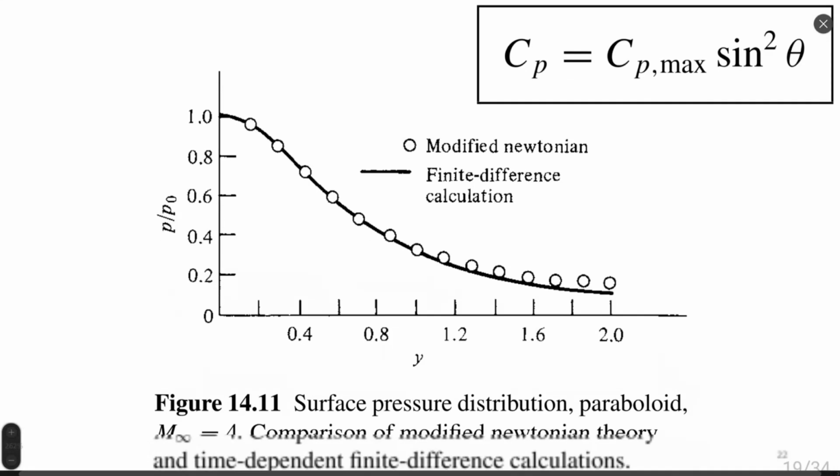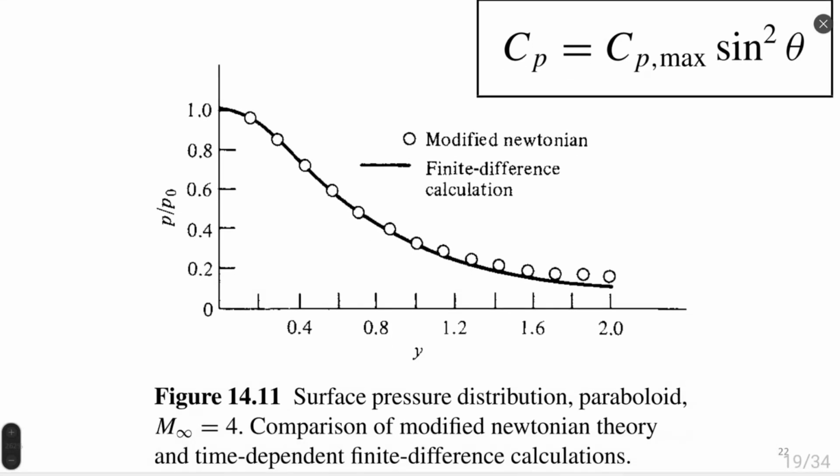Here is a comparison between Newtonian theory and simulation on a cylinder. Okay, paraboloid. That paraboloid we saw on the previous slide, showing us very nice correspondence between modified Newtonian theory and CFD simulation.